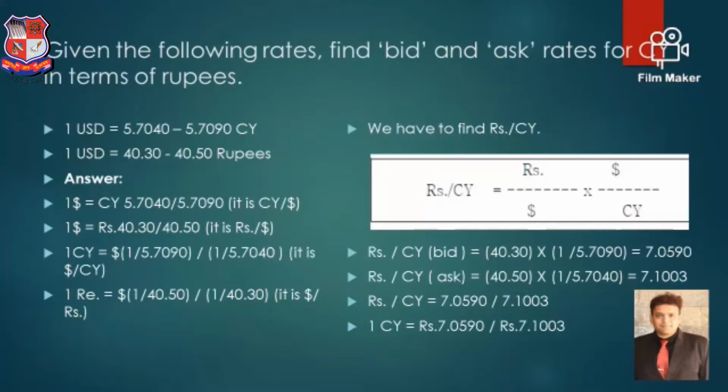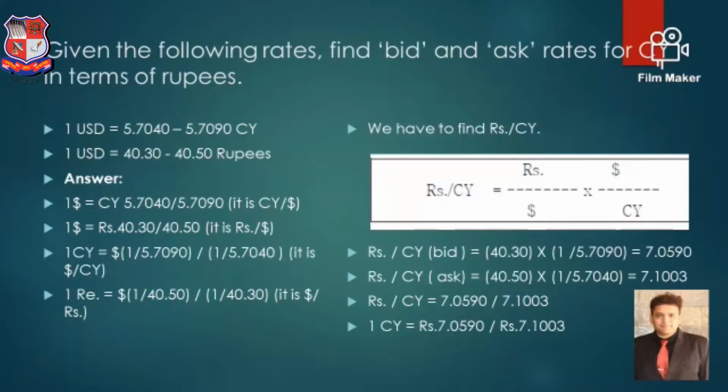When you see the formula on the right hand side, rupees to dollar is already given. So if I want to find the bid rate, I'll write down 40.30 as it is, which you can see just below the formula which I kept.